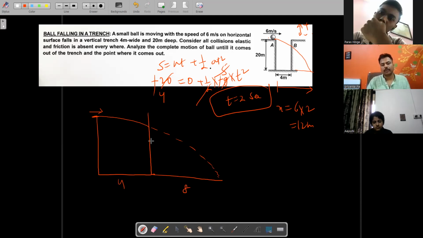But you can see that this wall is here, so it will strike and come back again. It will come back with the same speed and at the same angle with the horizontal. And now again, you can see that.